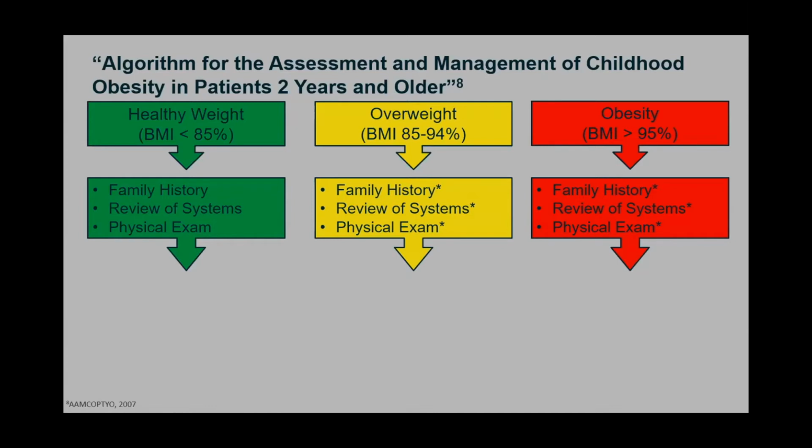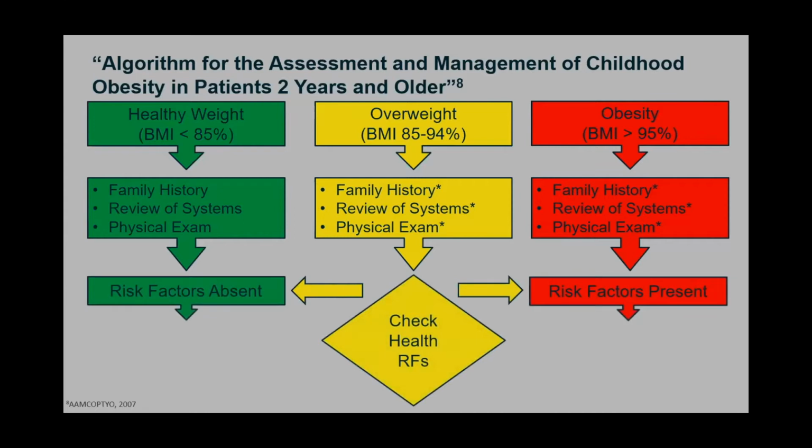After that, it must be determined as to whether or not the child has health risk factors. So generally, children in the healthy weight category do not have risk factors present, and thus continue on with routine care, which is continued support and encouragement for this healthy behavior.